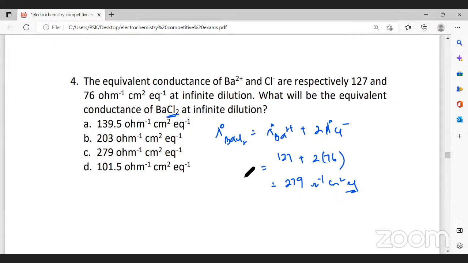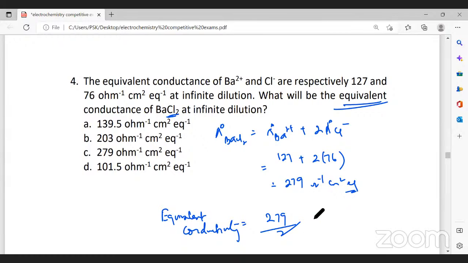Now, see, this lambda stands for molar conductance. Now they're asking you to calculate the equivalent conductance. So equivalent conductivity will be equal to 279 divided by 2, half, because of 2 chlorine atoms. So divided by 2 will be equal to 139.5 ohm inverse centimeter square per equivalence.